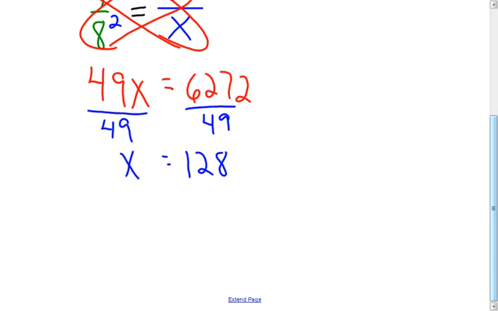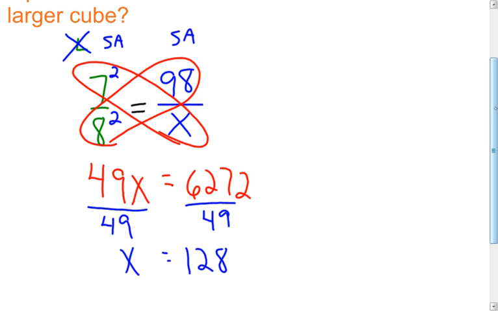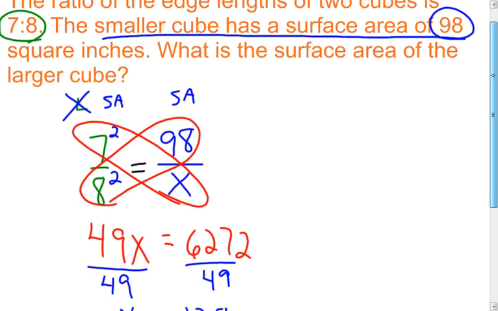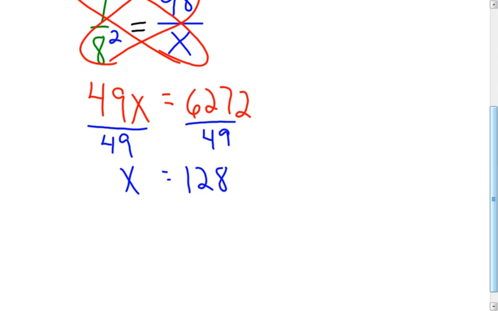Now remember, x was the surface area of my larger cube, which is what it was asking for. Notice everything was in terms of inches and square inches. So my final answer is 128 square inches for the surface area of that larger cube. And I didn't even have to figure out how long the sides were in that larger cube.